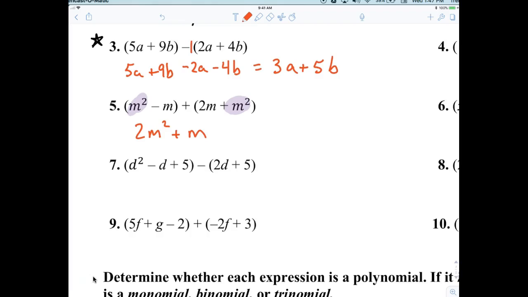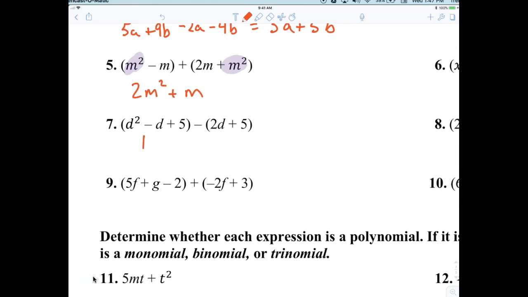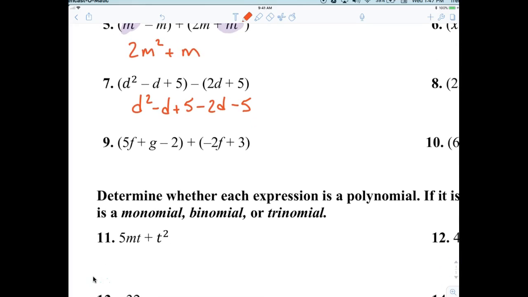Now, distributing a negative. So d squared minus d plus 5 minus 2d minus 5. So d squared, there's nothing to combine with, correct? D squared minus 3d, and the 5's cancel.